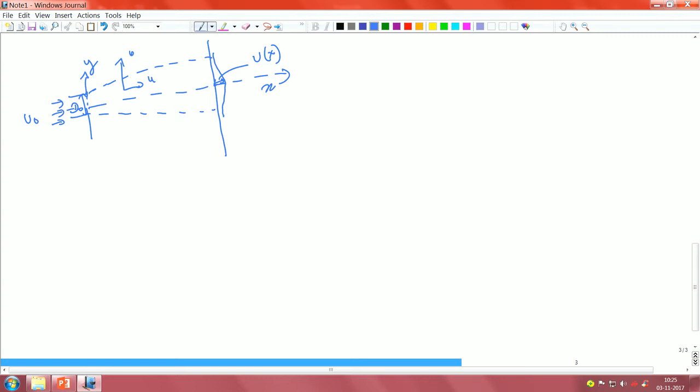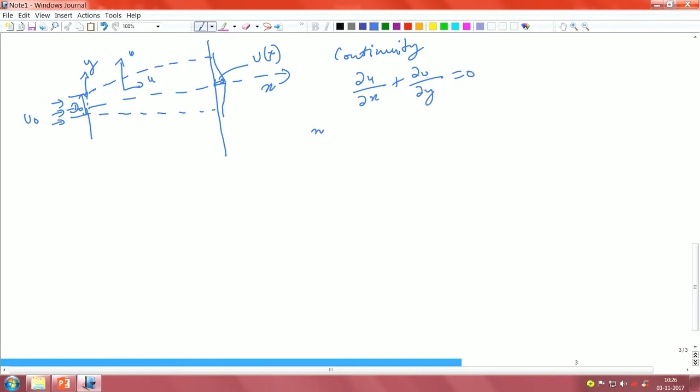Okay. So, for a two dimensional laminar jet, using this as a slender flow region, we can write the continuity equation equal to 0.